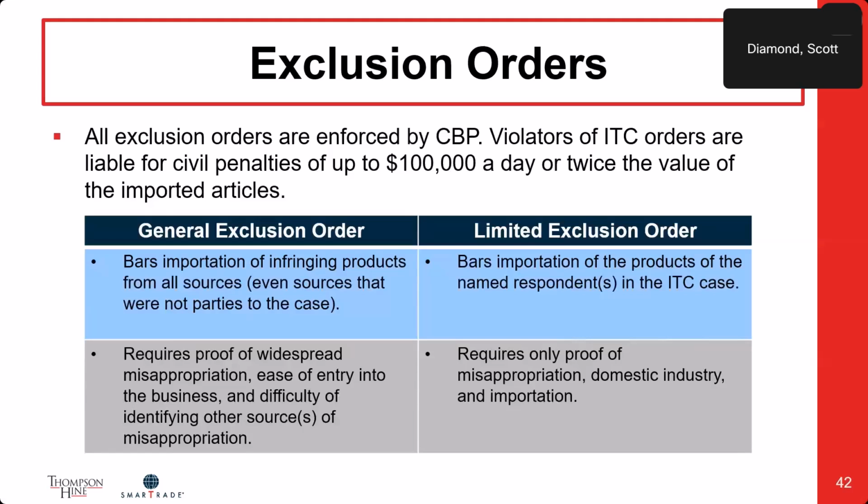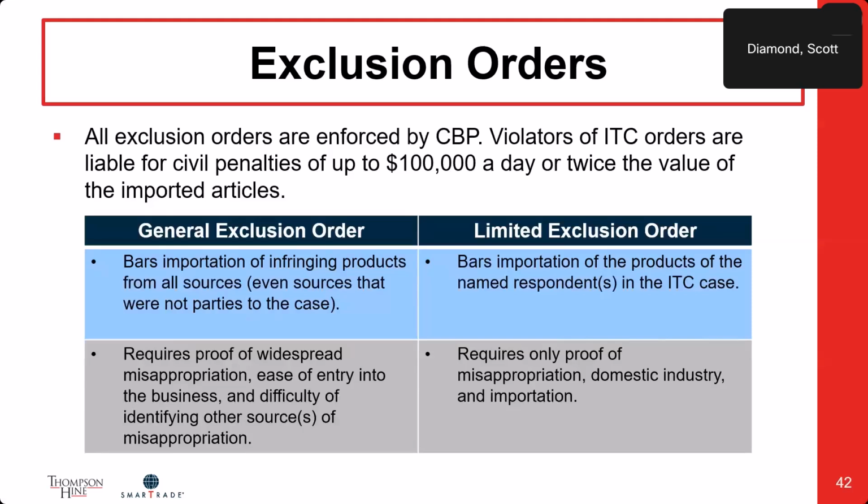So what I really want to note here is, while injury can be found and a remedy can be issued or recommended, there are instances in which the ITC will refrain from issuing the remedy.